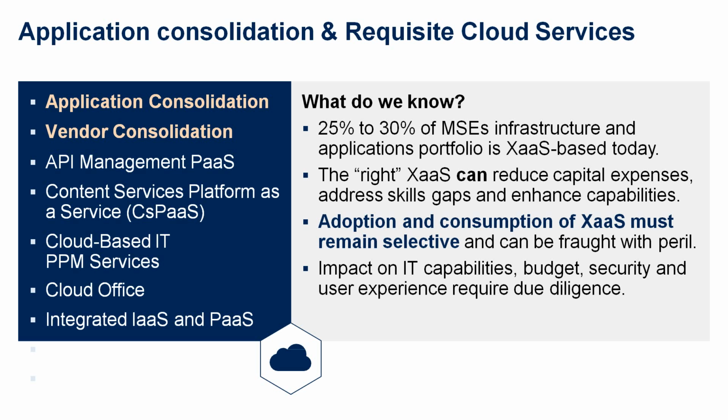IT should be seen from a single point of view, not from a business point of view. So how can we merge all these things together and come up with a product, or what business process can we eliminate? So there is a lot to look into in application consolidation.